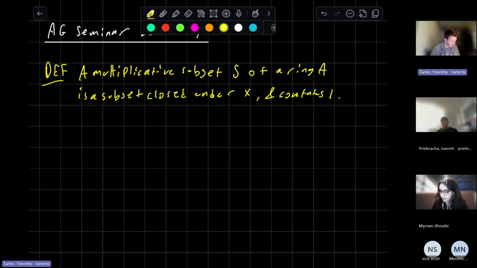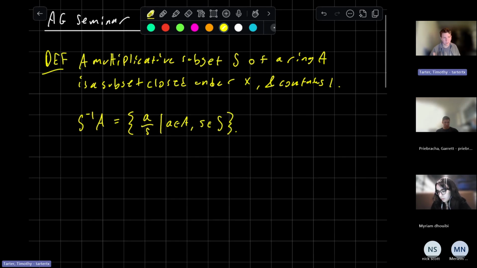And so then we're going to define the localization at S, which is basically the set of a over s such that a is in A and s is in S. So it works kind of exactly as we would like it to.